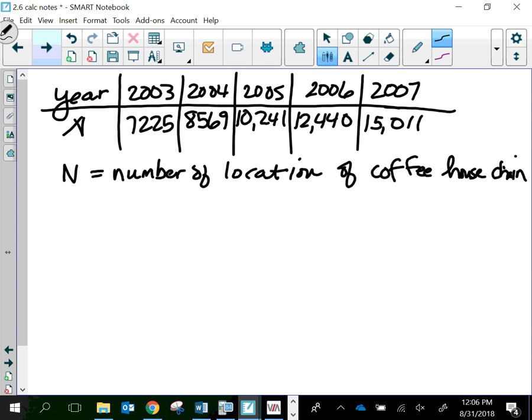So clearly, what kind of function are we talking about here? Definitely increasing, okay? And both of our examples have been, but let's find the average rate of change.